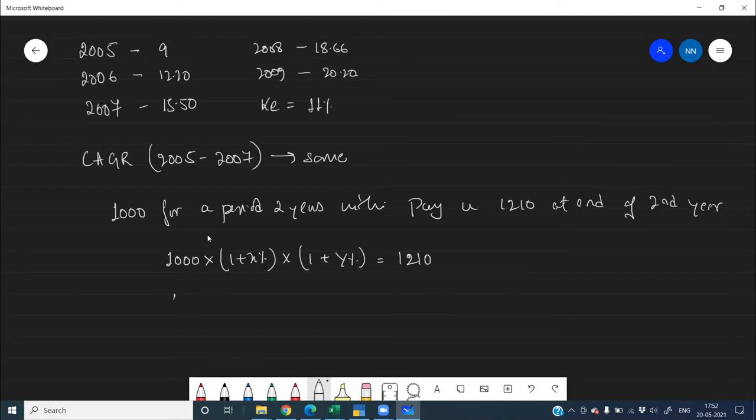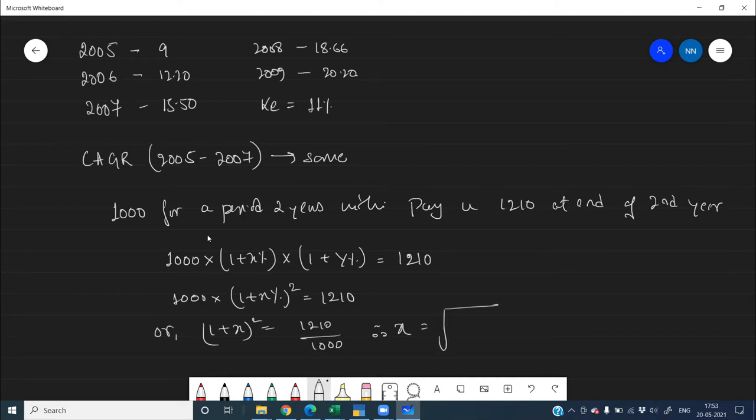Then can I write it as 1000 multiplied by 1 plus x percentage whole square is equals to 1210, or 1 plus x whole square equals to 1210 divided by 1000. Therefore, my x will be root over of 1210 divided by 1000 minus 1.